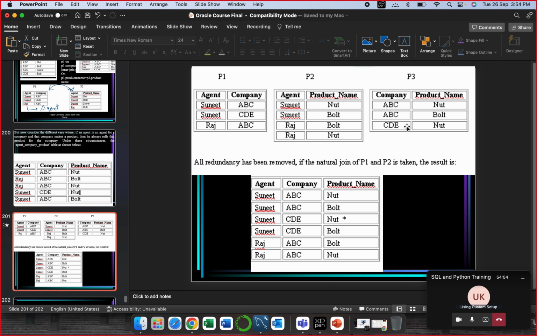P1, P2, P3 are the three tables. All redundancy has been removed in all the three tables. There are no repeated values in any of these tables, no repeated set of values or a combination of values in these tables. If we put a natural join or inner join on P1 and P2, the result is, sorry, if we put a natural join between P1 and P2, we'll get this table where we don't know which company is it, and CD doesn't manufacture nuts, it just manufactures bolts.